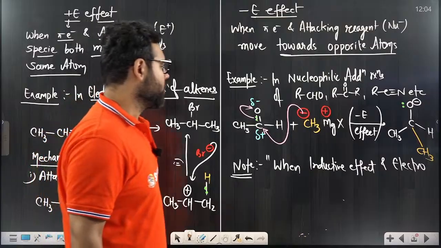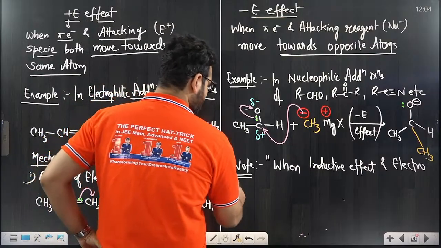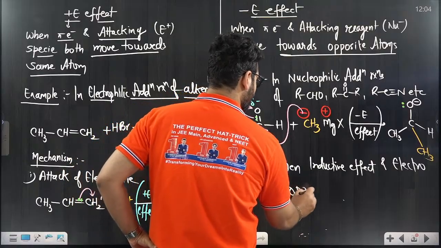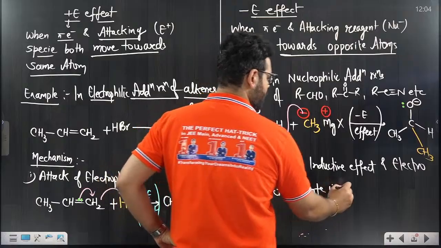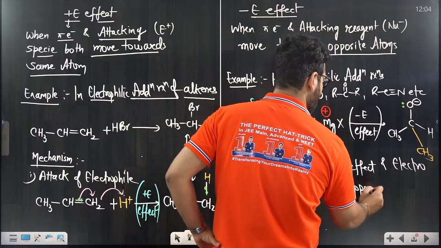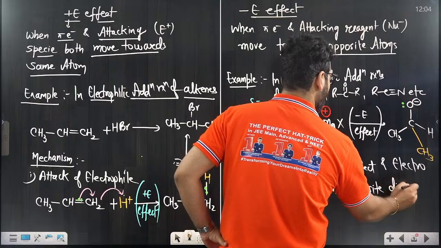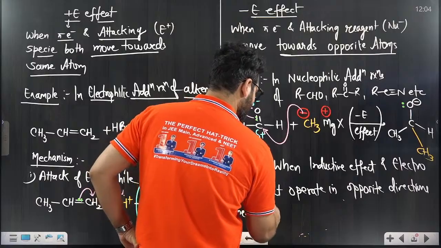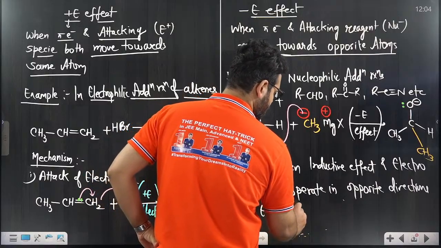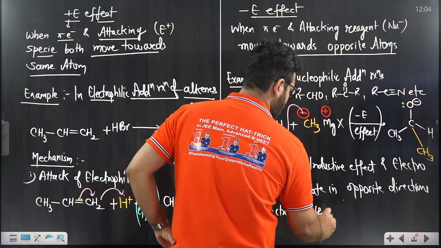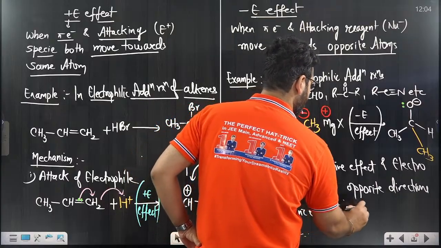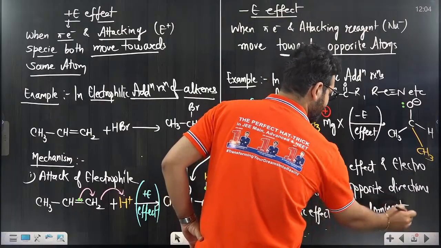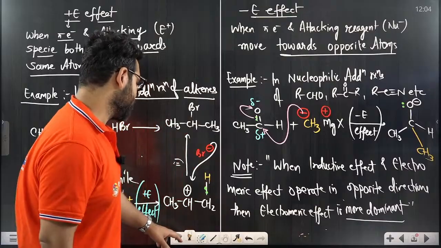So when inductive effect and electromeric effect operate in opposite directions, then electromeric effect is more dominant. This is an NCERT line, so you can put NCERT next to it.